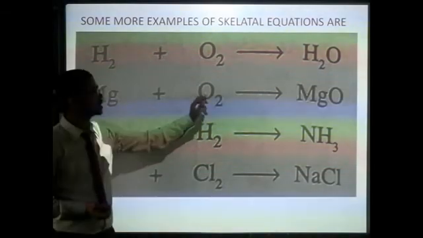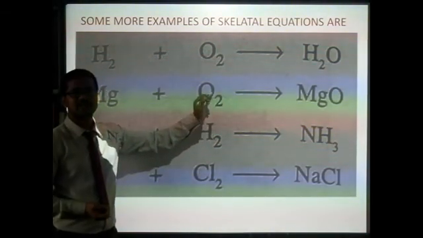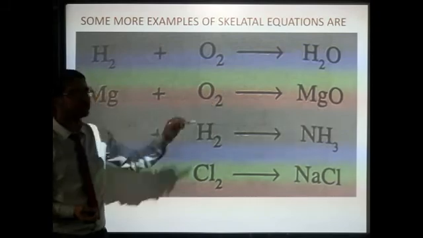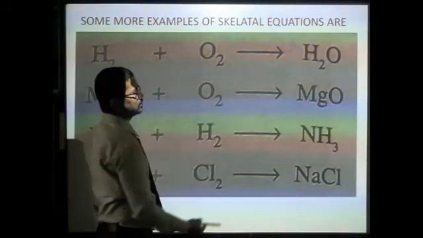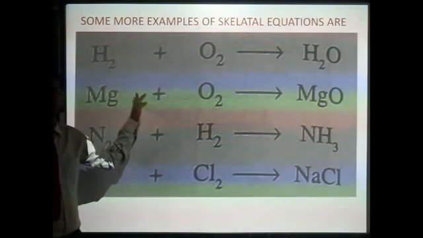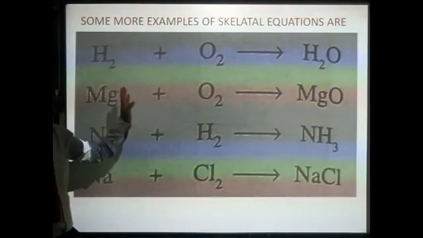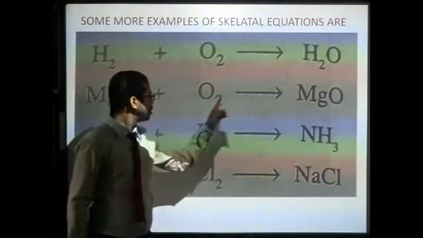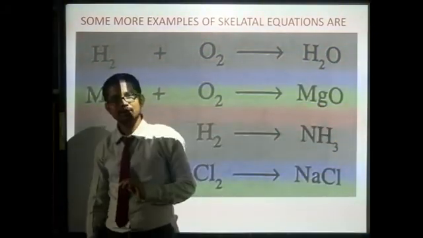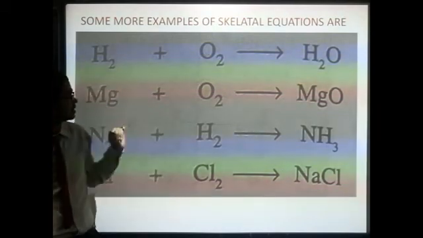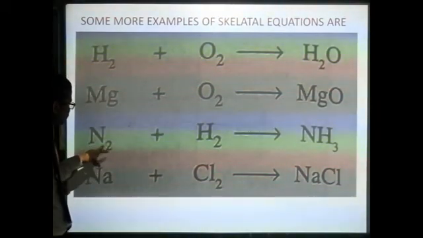This is diatomic, that's why I am writing O2. So Mg plus O2 gives MgO. Now why is this skeletal? Why is this unbalanced? Magnesium 1, magnesium 1, oxygen 2, oxygen 1. That means the number of oxygen is not equal, so it is unbalanced. Again, N2.